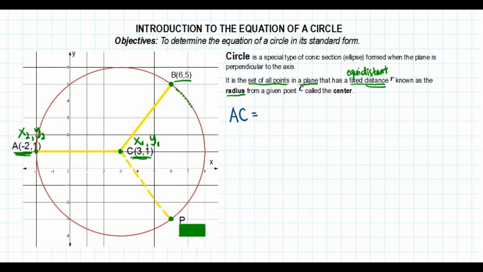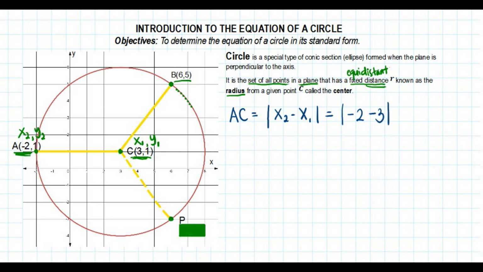Now, sabi natin kanina, horizontal lang yung line, so we will use this formula: the absolute value of x sub 2 minus x sub 1. So, ano yung x sub 2? Negative 2. Enclose natin siya sa absolute value. Minus, what is our x sub 1? It's 3.